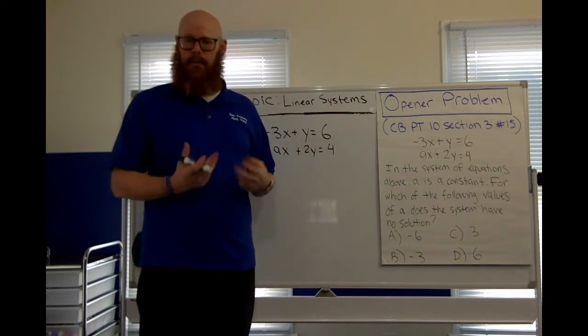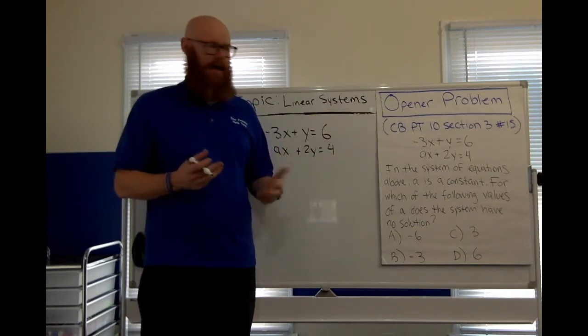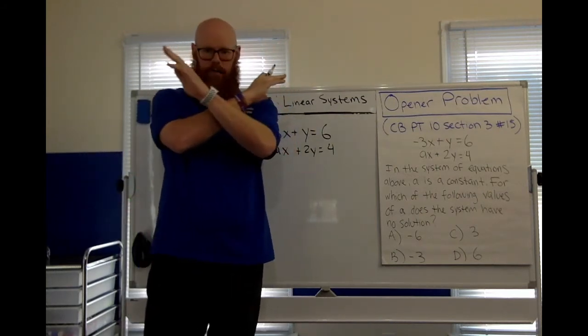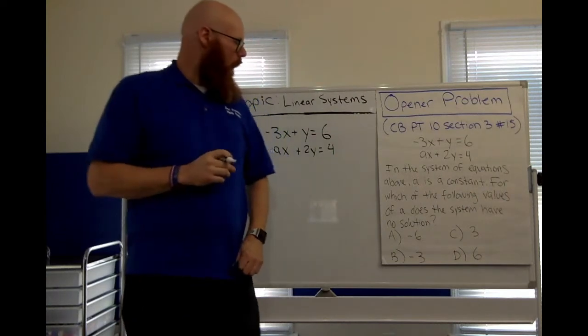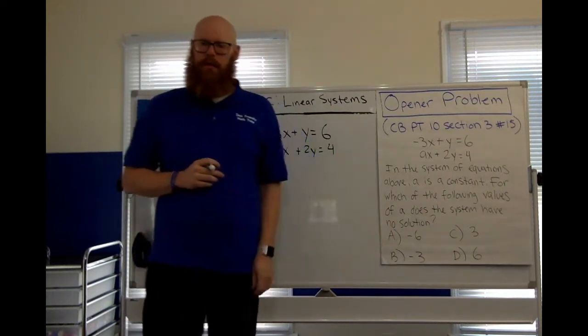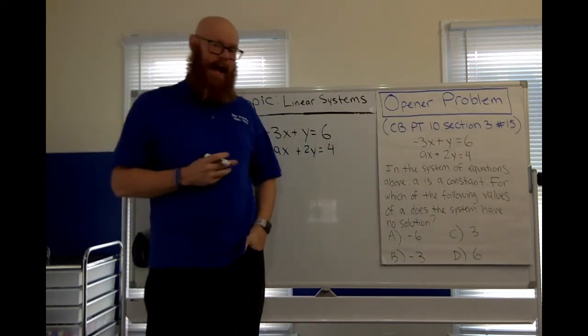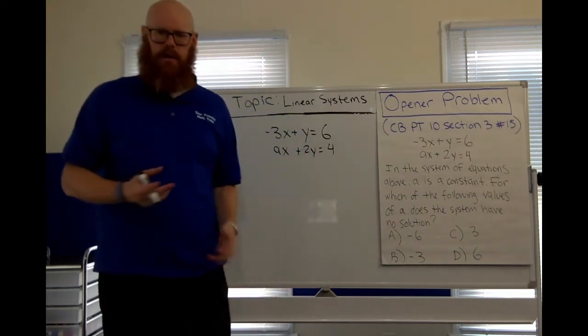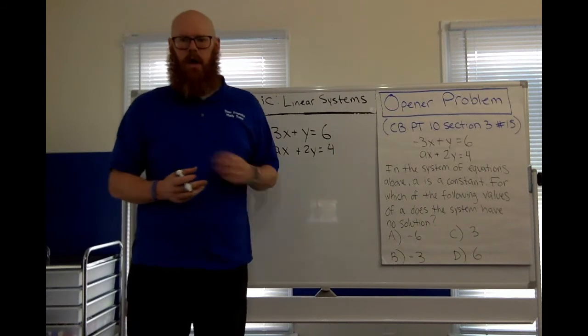It's linear, so if we graphed it, it would create 2 lines. And the solution that we're looking for is the intersection of those 2 lines. But if there is no solution, and anytime there's no solution, you could replace it with infinite solutions, and it'll give you the same answer.